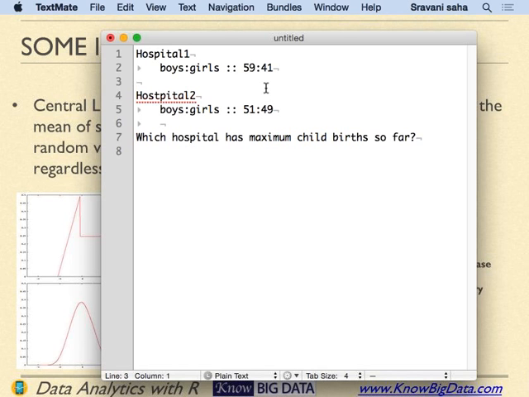Or let's say we are talking about a coin toss. There is hospital 1 and hospital 2, both doing coin tosses, and we are getting heads and tails in those ratios. So I'm going to trust hospital 2 more because it seems to be closer to reality. I will consider hospital 2 to be doing more coin tosses as compared to hospital 1.